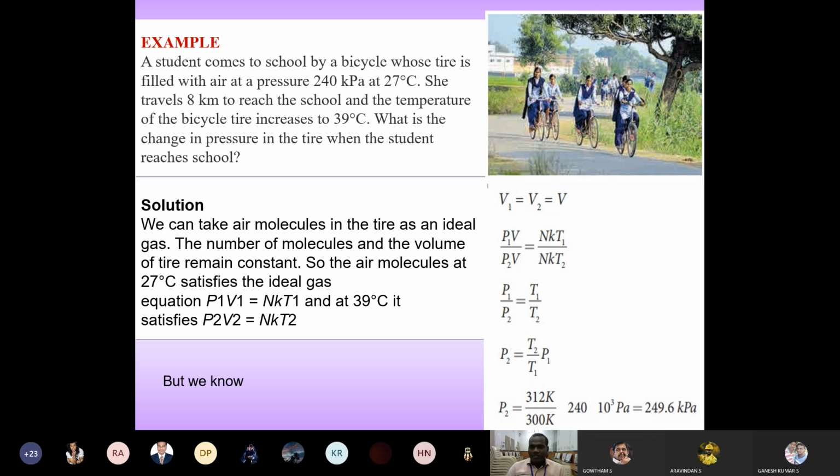Yes, we can cancel the constant values. Here V is constant, Nk is constant, so we can cancel and we have the formula P1 by P2 equal to T1 by T2.